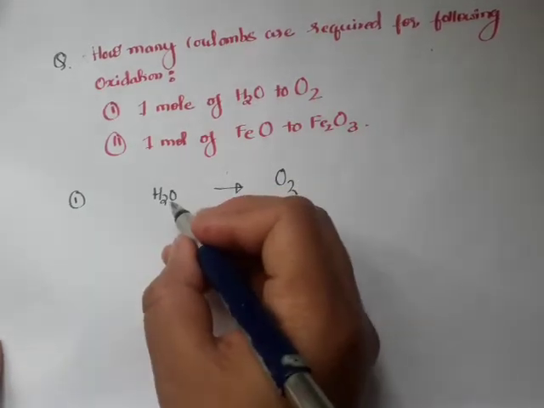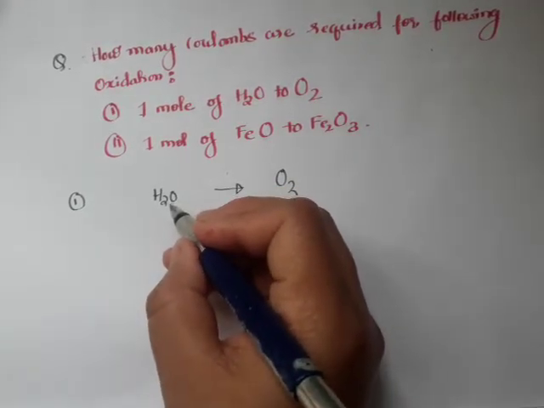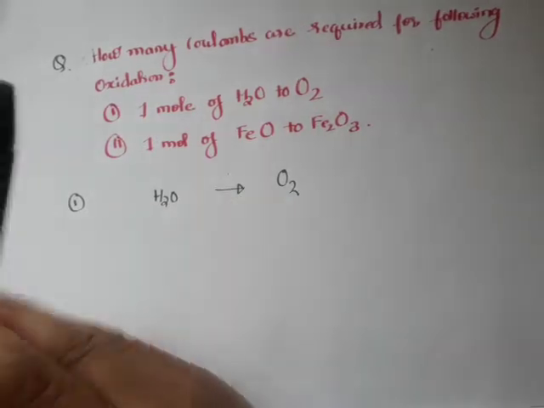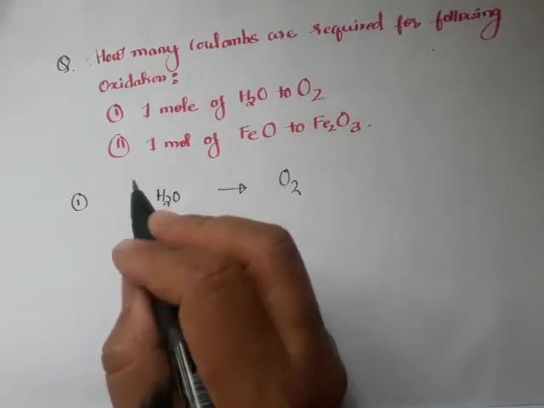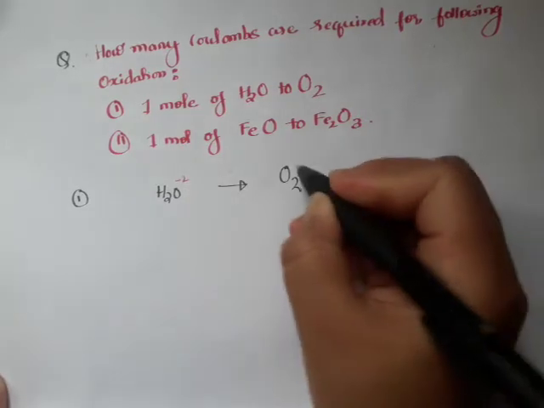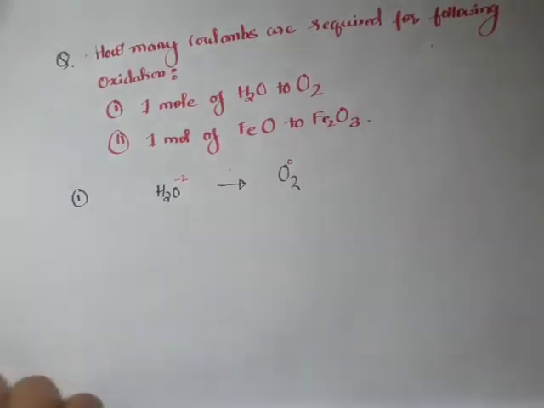Now what is the oxidation state of oxygen in water? It is -2, and in O2 it is 0. So -2 to 0 is the change.